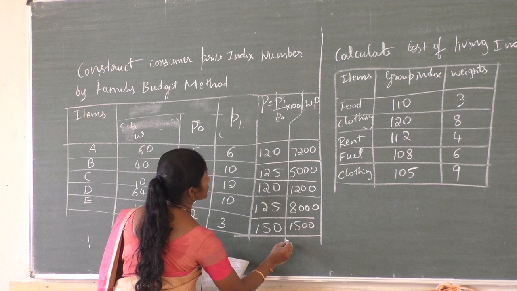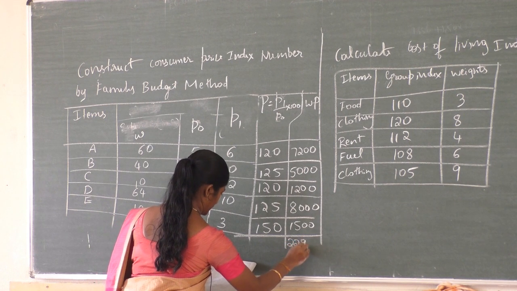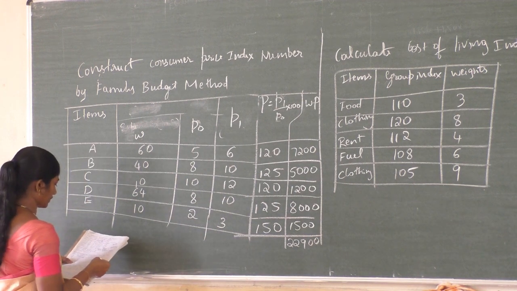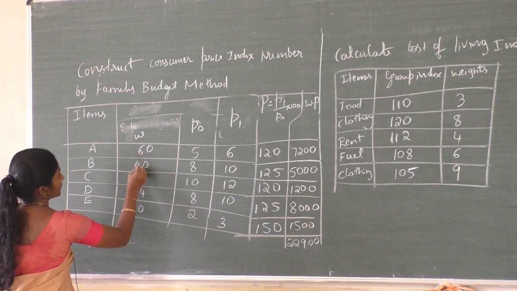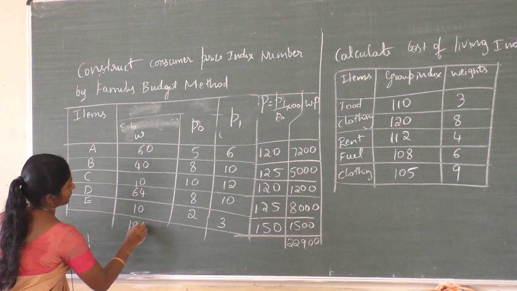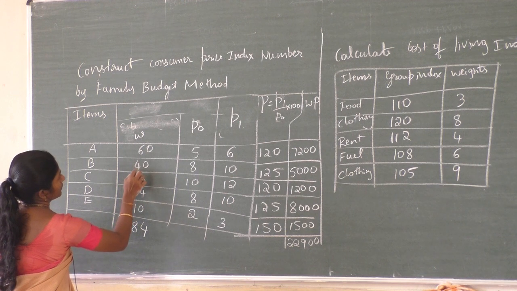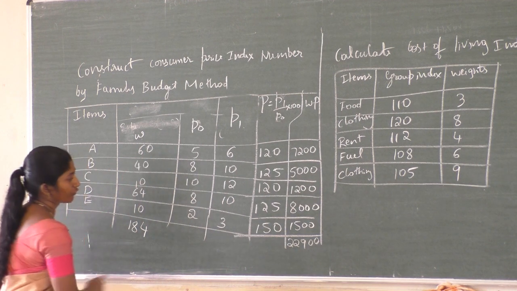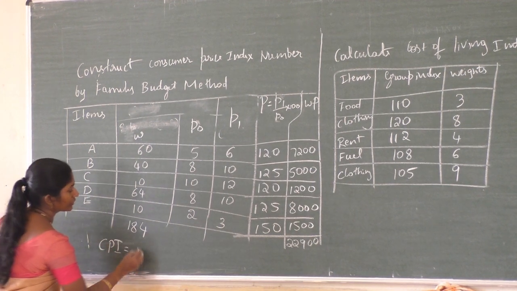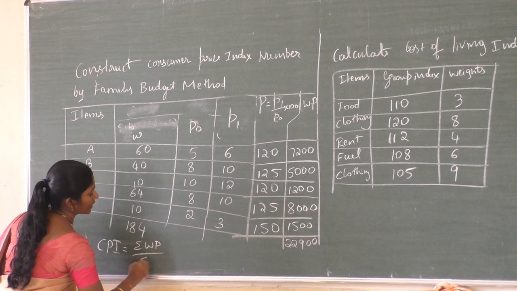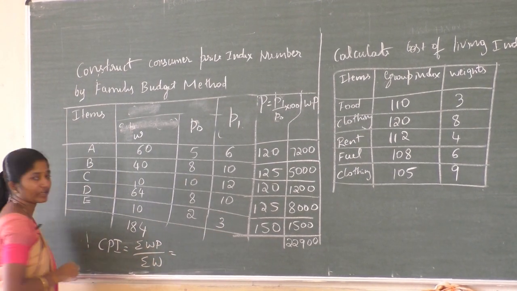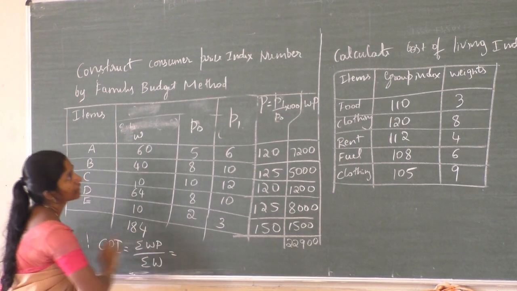Here this one is 22900, and the total of the weights is 184. Calculate like that only: CPI equals summation W into P divided by summation W. Find out 22900 divided by 184. Find out the answer yourself.